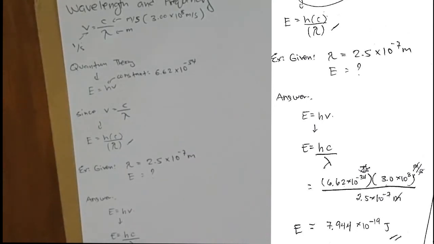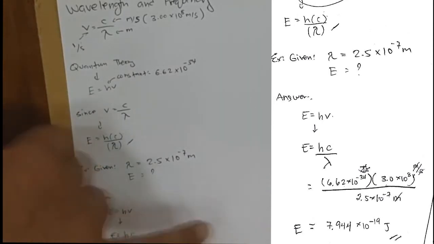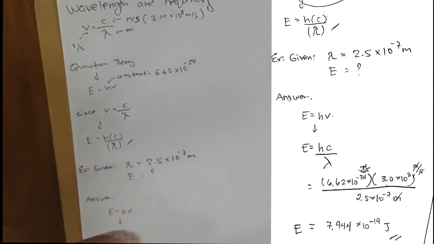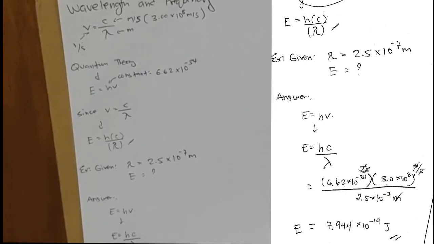The first answer, you'll get it in joules. And remember, your units for wavelength should be in meters, because in the numerator, your speed of light is in meters per second. So in order to cancel meters and meters per second, your denominator, which is the wavelength, should also be in meters. And your Planck's constant also includes that set of units.